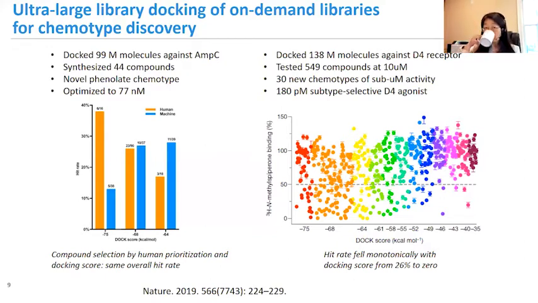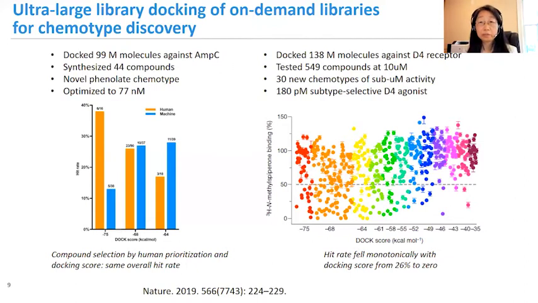The researchers have demonstrated very impressive successes in identifying lead compounds. In the beta lactamase case, only 44 compounds were synthesized, and a novel phenolate chemotype was discovered and quickly optimized to a 77 nanomolar inhibitor via very few rounds of optimization.